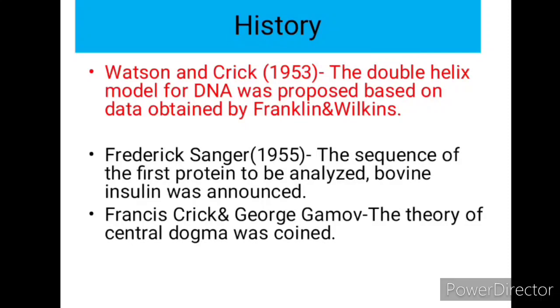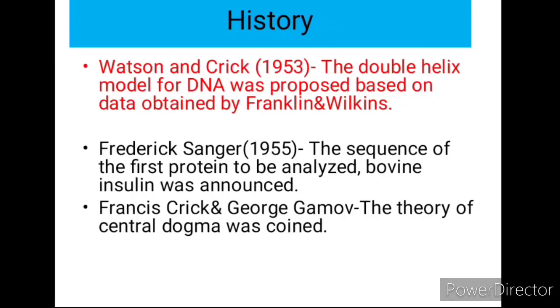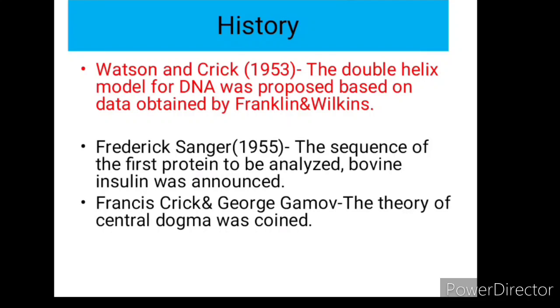Now move to the history of bioinformatics. The history of bioinformatics goes way back to the discovery of the Watson and Crick model of DNA, that DNA was discovered as a right-handed double helical structure.